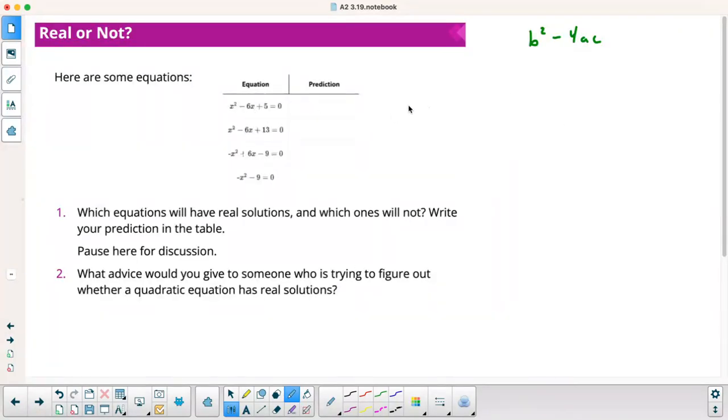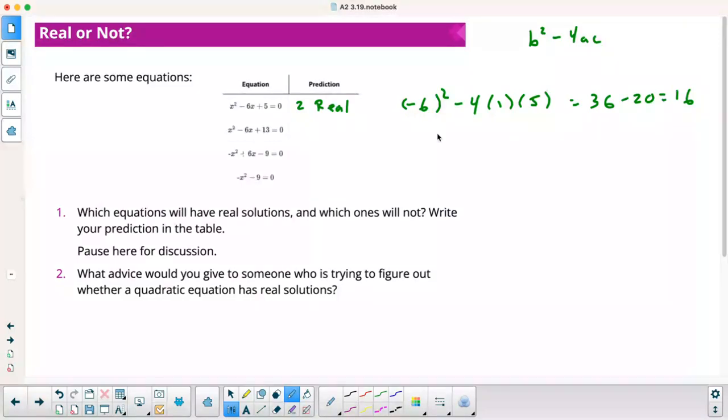So here we go. a is 1, b is -6, c is 5. So -6 squared minus 4 times 1 times 5. This ends up being 36 minus 20, which gives me a positive 16. So that's positive, so I'm going to have two real solutions. So I will physically see two x-intercepts on my graph.